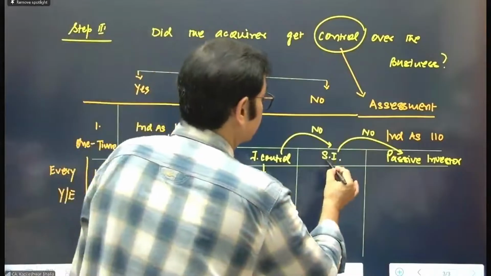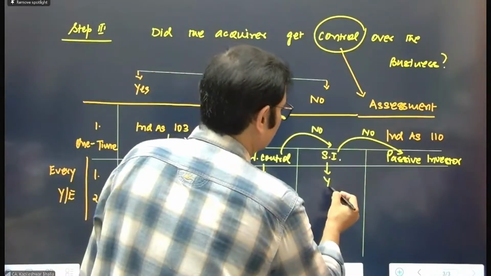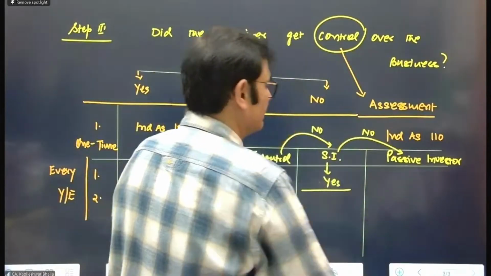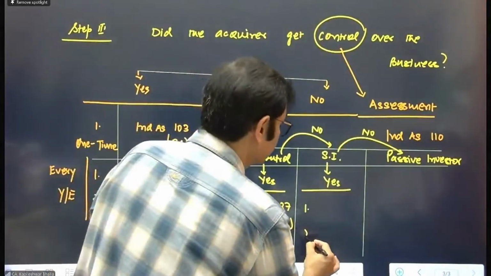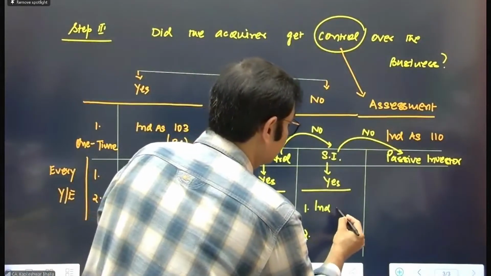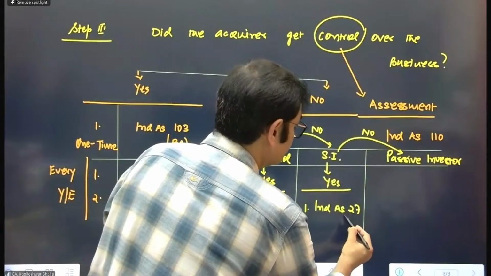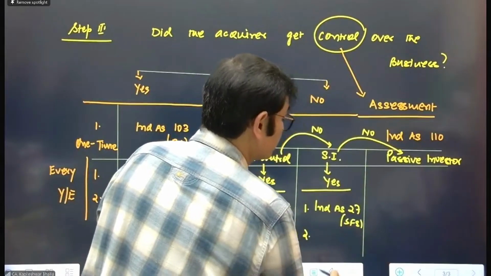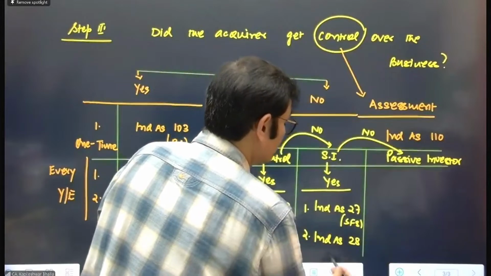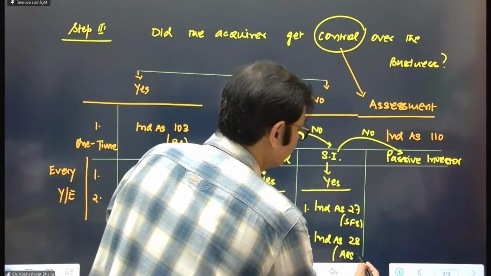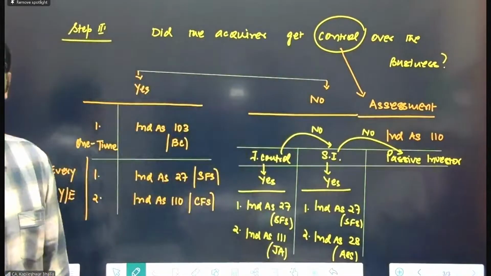And if it's not a joint control, and I say yes, significant influence is present, then also two standards will trigger every year. One is Ind AS 27, on separate financial statements, and the other is Ind AS 28, which talks of consolidation with reference to associates and JVs.